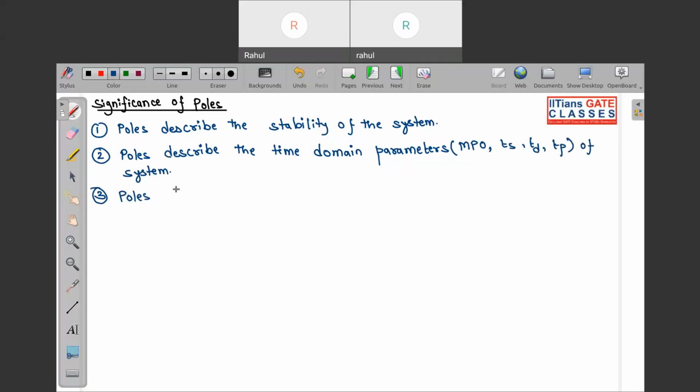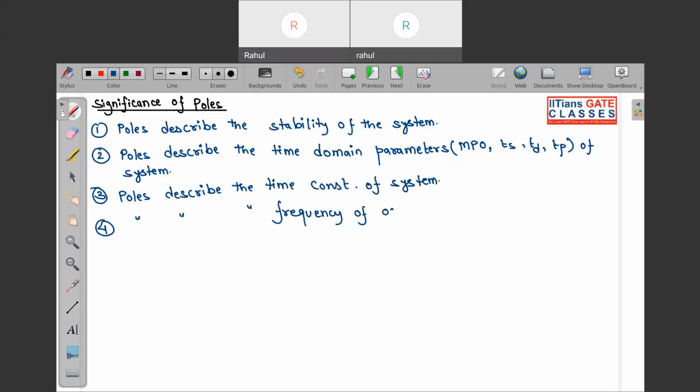What is time constant? Poles describe the time constant of the system. Poles describe the frequency of oscillation of the system.